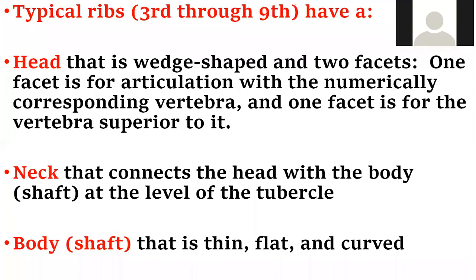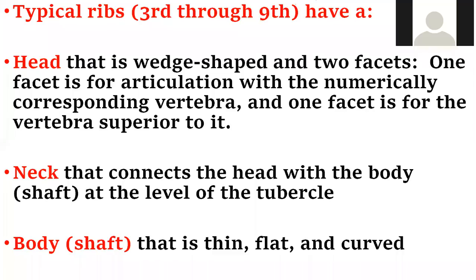Now, what makes the neck of a typical rib? The neck connects the head with the body at the level of the tubercle. And the body or the shaft is thin, flat, and curved. So these characteristics make ribs 3 to 9 typical.